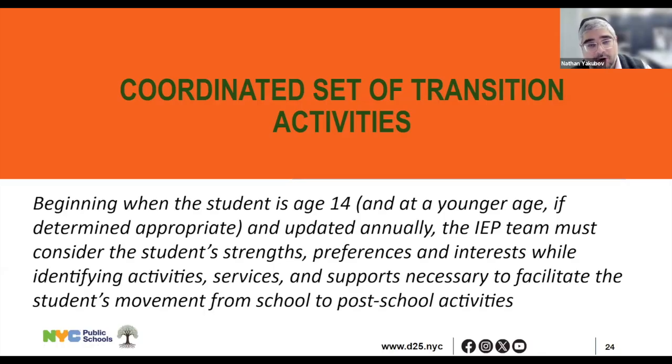So again, we're looking at the trajectory of the student, where they are planning to head after high school, which track they are going to, where they would like to go. And we're going to put in the activities, services, and supports that we need to implement for them to be successful in those areas that they're choosing.